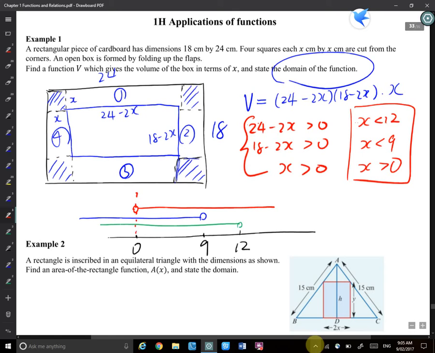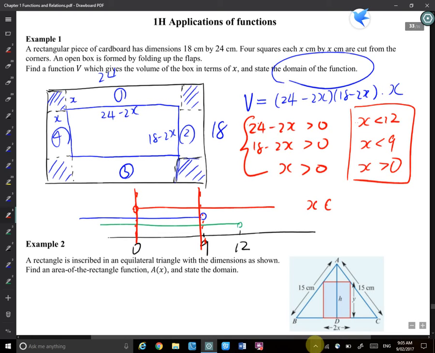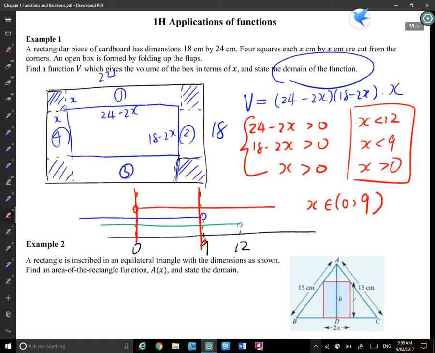From 0 to 9. From here to here, you have 3 different color lines, which means all these sets of values contain 0 to 9 as a solution. So your x will belong to 0 to 9.